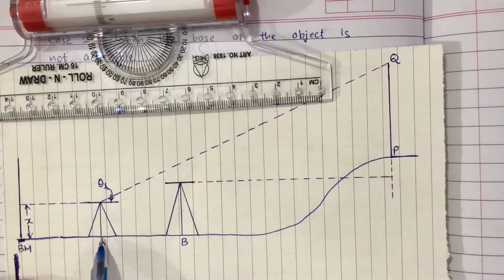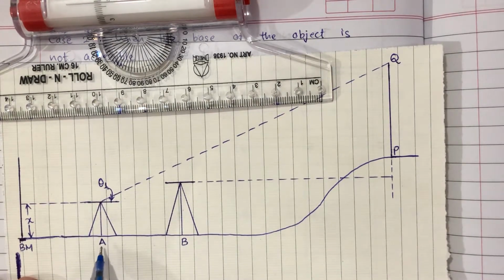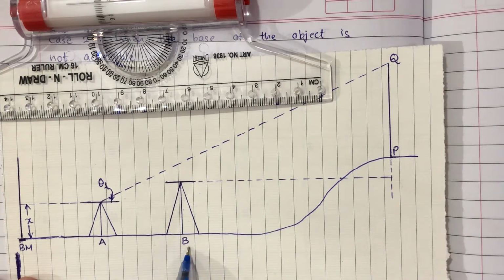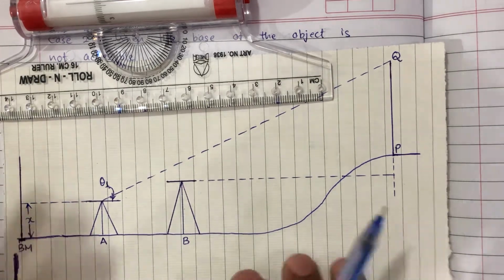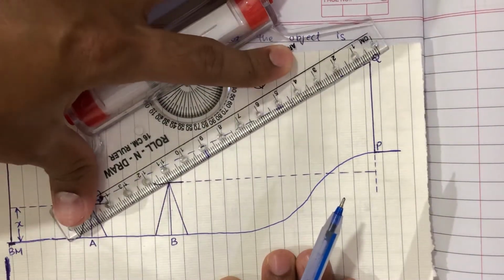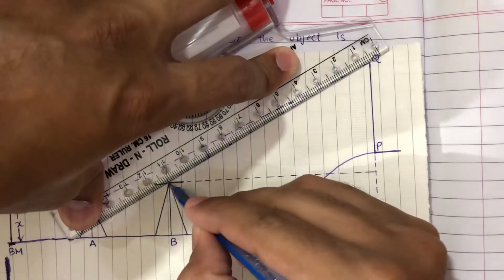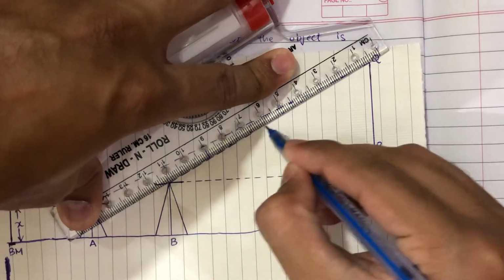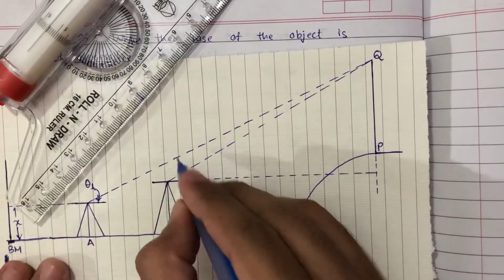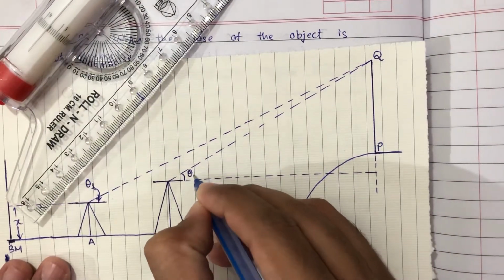Next, this theodolite is shifted from position A and transferred to position B. Again, the angle of elevation is measured to the top of the tower. Let this angle of elevation be theta 2.